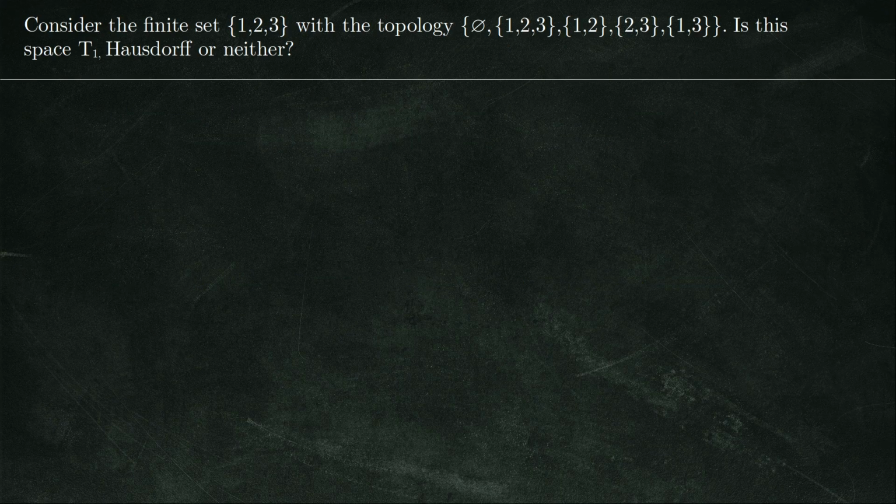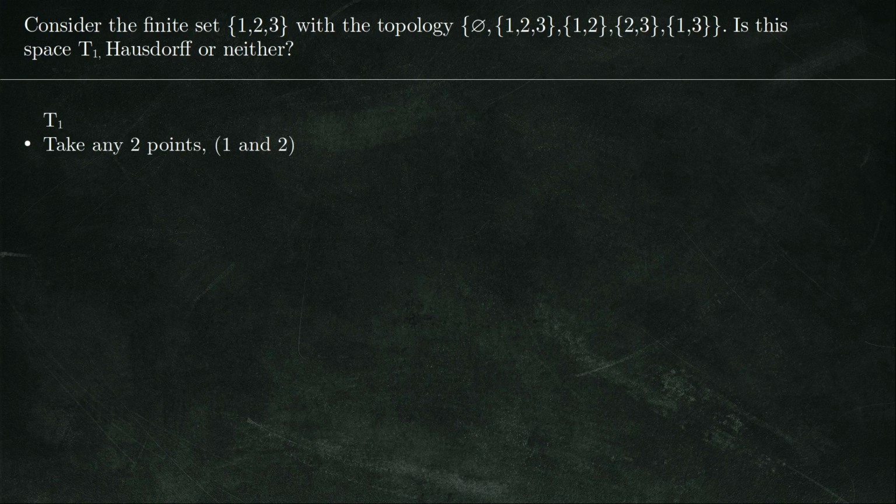For our first example, we've got the finite set 1, 2, 3 and the topology given there. I want to ask, is this space T1, Hausdorff, or neither? So this space is T1. How can we show this? Firstly, let's take any 2 points, 1 and 2. In this case, it doesn't matter which 2 points we pick.